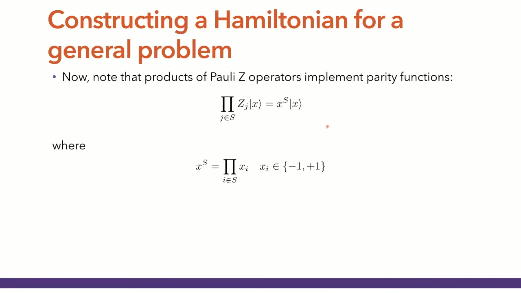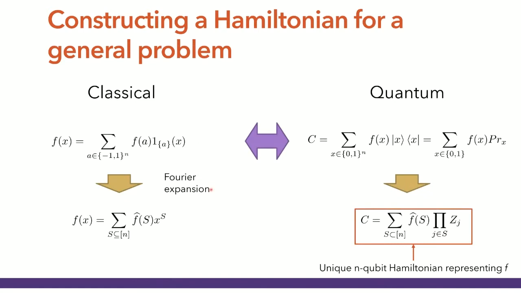And then note that products of PauliZ implement parity functions, so a product of PauliZ acts on the computational basis state x by adding a phase x to the power of s. Taking the Fourier expansion of your classical Boolean objective function and plugging those Fourier coefficients into this formula will give you a unique n-qubit Hamiltonian representing f.